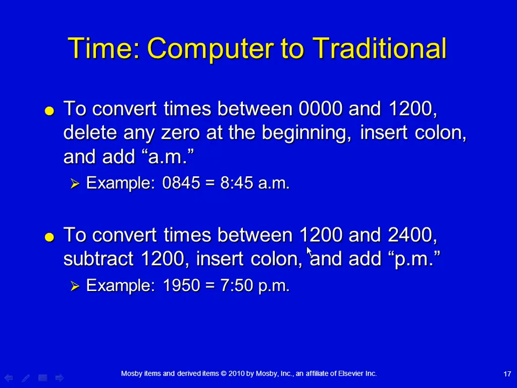To convert times between 1200 and 2400, you subtract the 1200 and insert your colon. So if you had 1900, you would subtract 1200 and you would have 7:00 p.m. That's your slide, so be familiar with these.